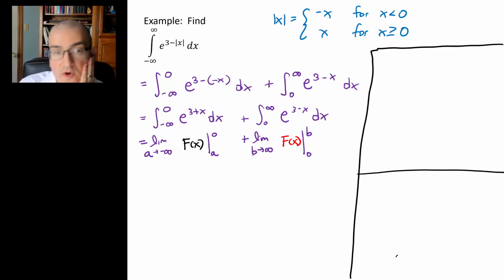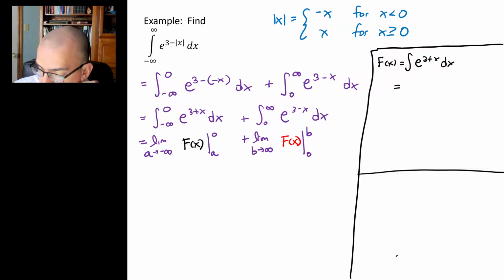So I rewrote both of these using the proper format for improper integrals, taking limit wherever there's an infinity or a minus infinity. So I have to calculate those antiderivatives now. I'll do that off to the side. Capital F of x is the antiderivative of e to the 3 plus x.